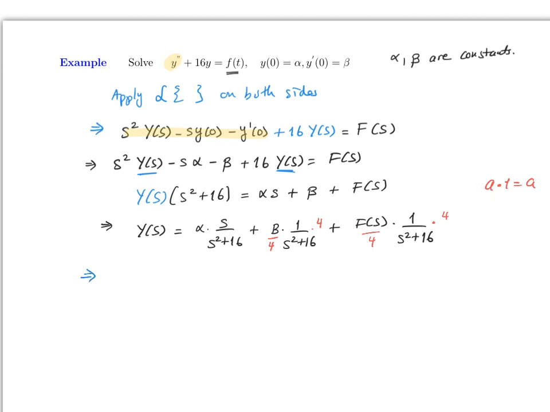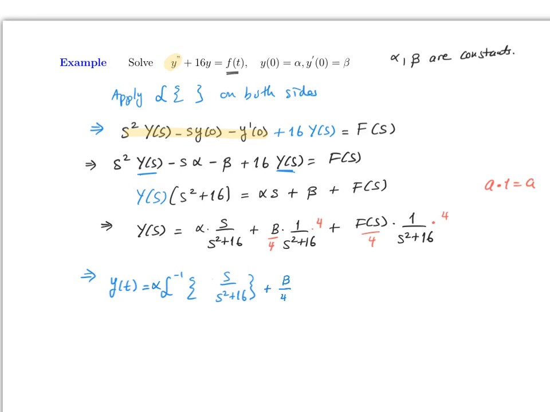Alright, so from here, if you want y of t, this is going to be the inverse Laplace transform of alpha s over s squared plus 16. Or you can actually just put the alpha outside, so it will be alpha here. Then we do the same thing with this one.